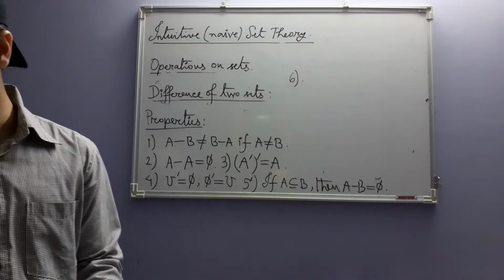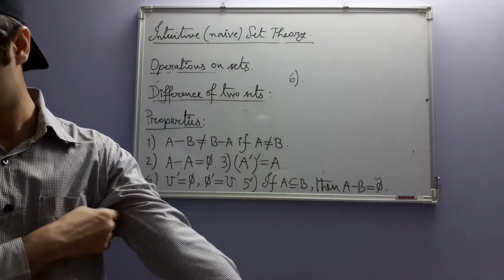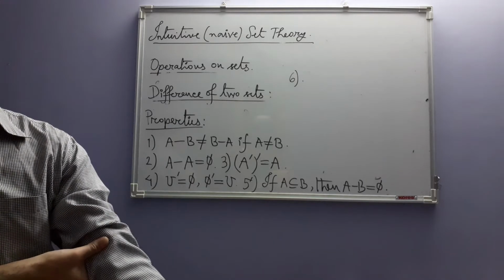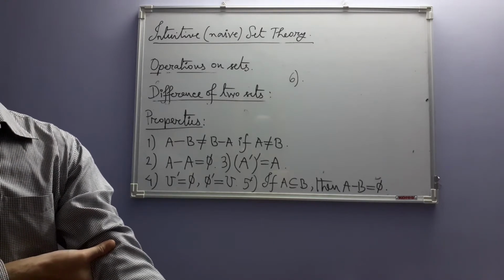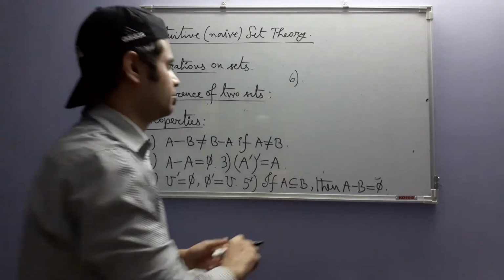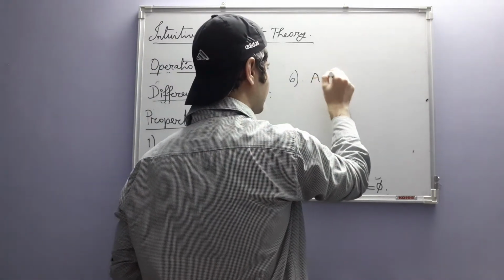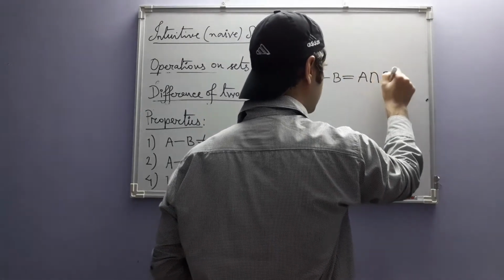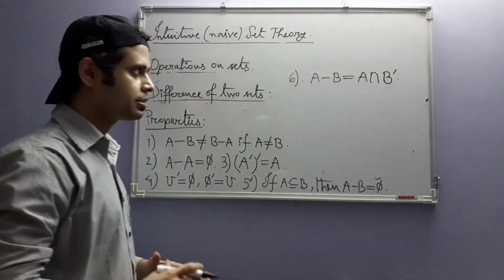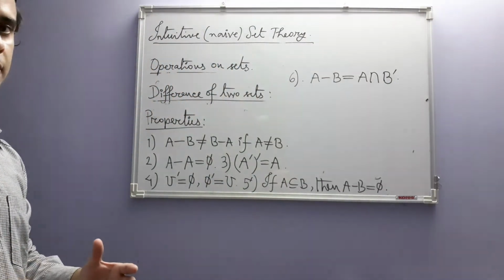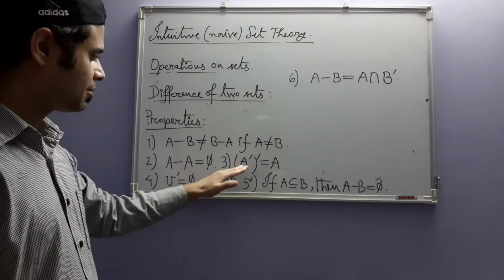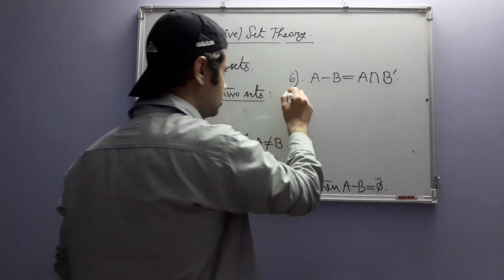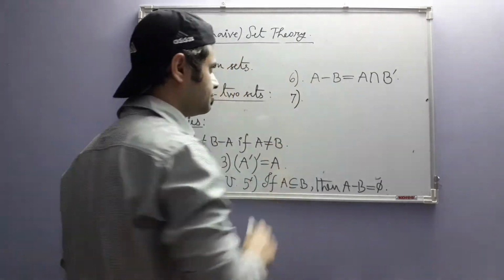Once you are given something, then it's easy to say something about that, but to remember all the properties unless you are always dealing with them, it's somewhat difficult. A minus B can also be written as A intersection B complement. So these are some of the properties that are not obvious. These, somehow you can make sense of them just by thinking about them. These, however, have to be treated carefully.